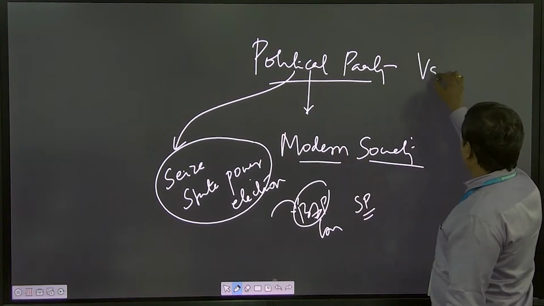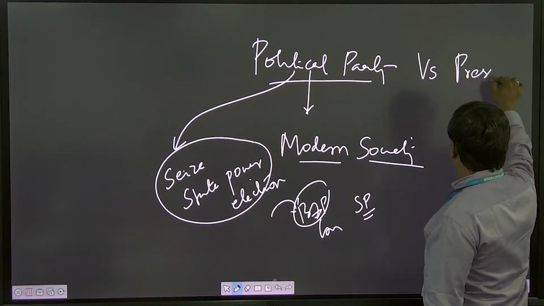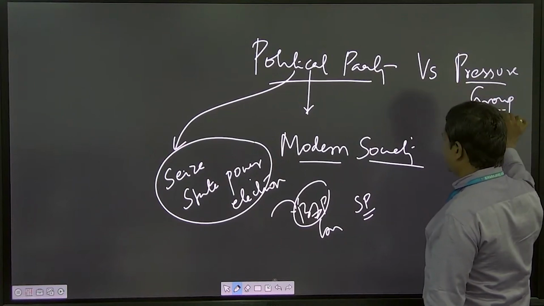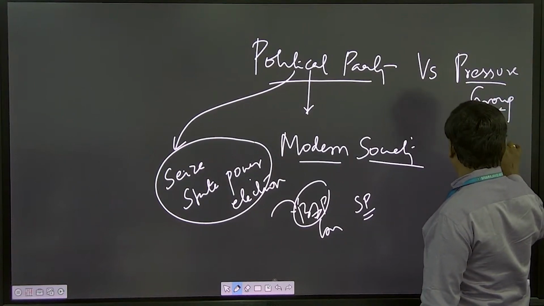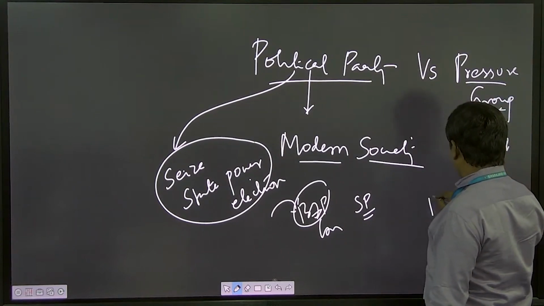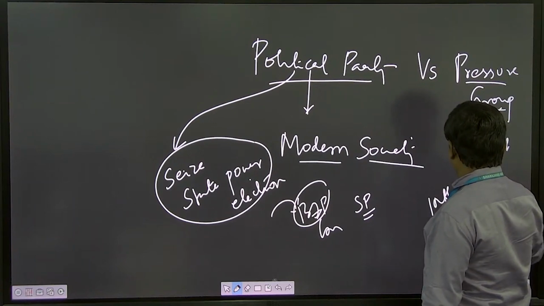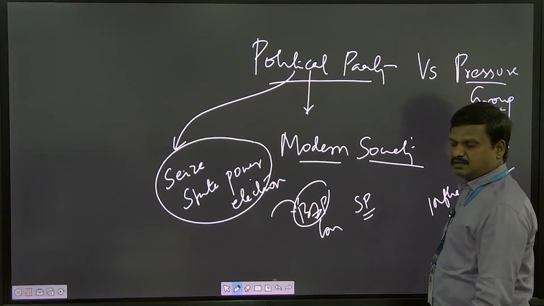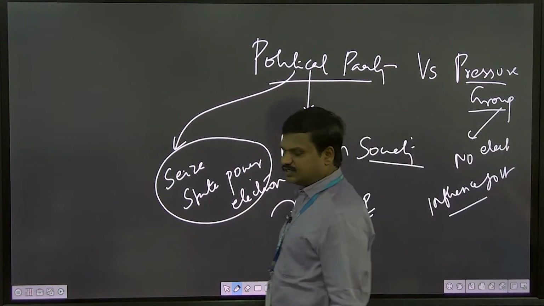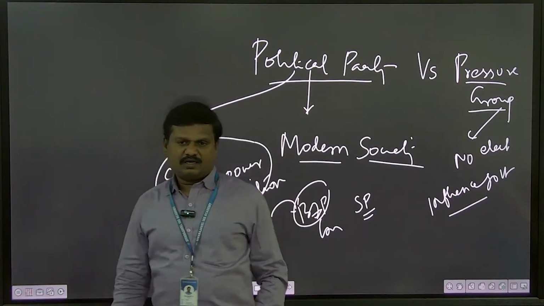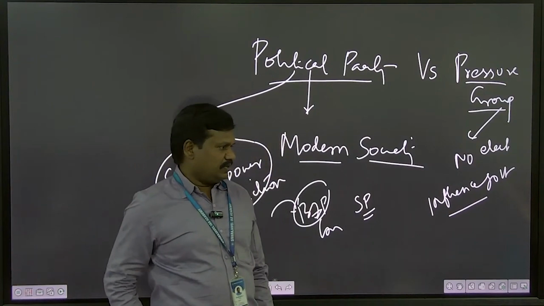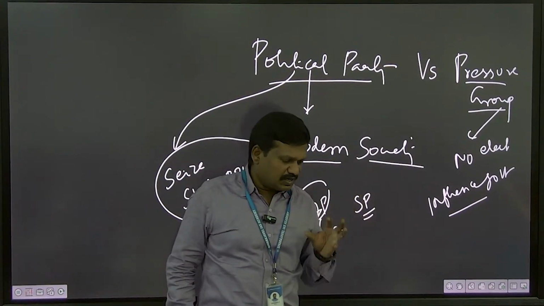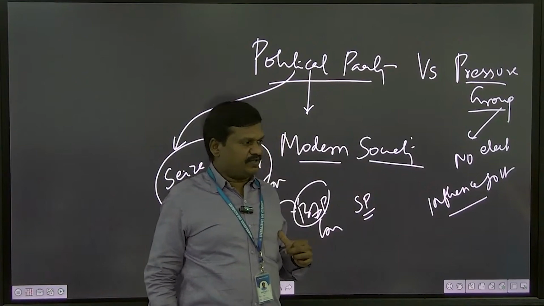This is different from a pressure group. A pressure group will not contest in the election, no election. They will influence the government to take a decision in their favor. They will not directly rule the people. They will put pressure on the government so that the government will take a decision in their favor.